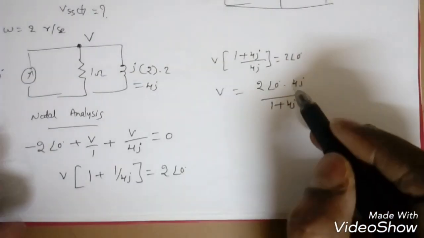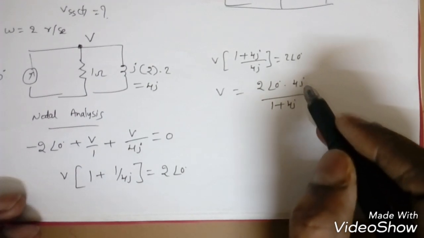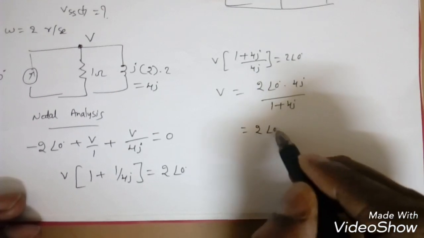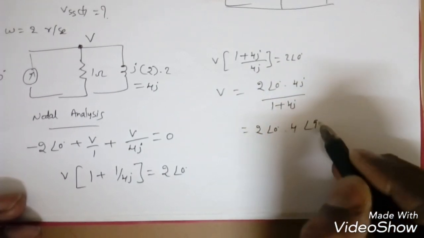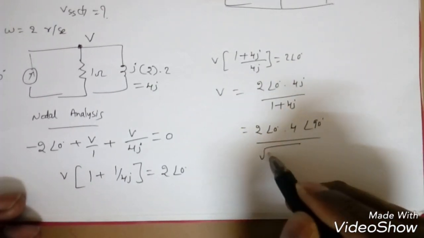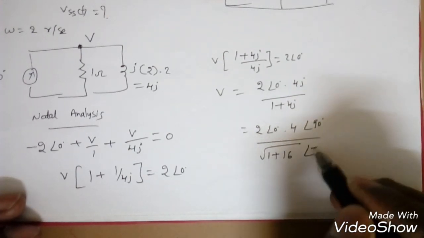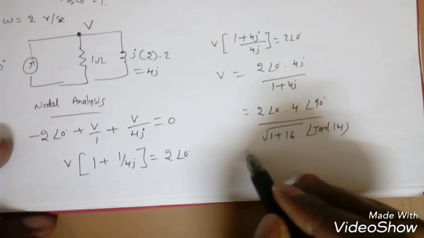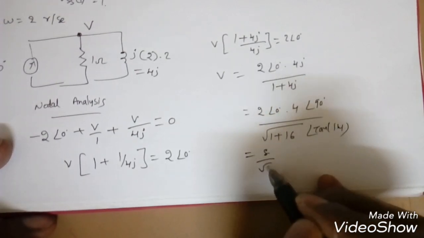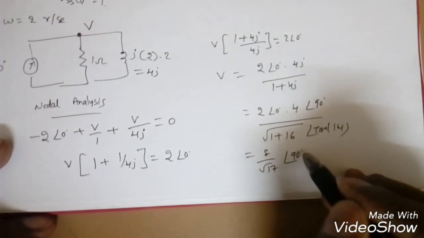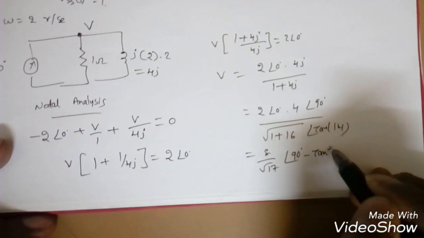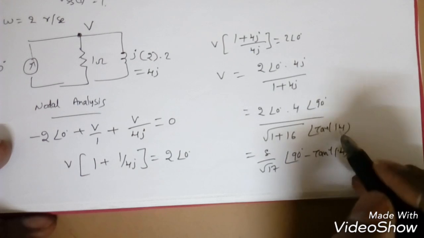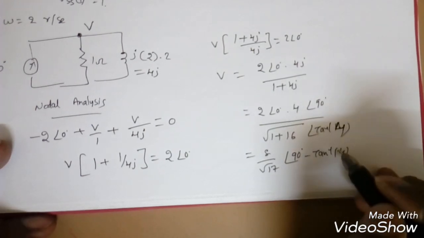Now if I write in magnitude and phasor, j means the angle 90. So 2 angle 0 into 4 angle 90 by square root of 1 plus 16, angle tan inverse 4, right? So this is 8 by root 17 angle 90 minus tan inverse 4.